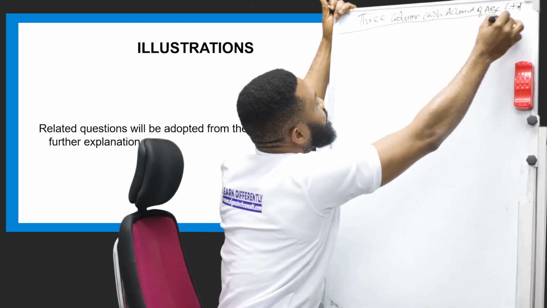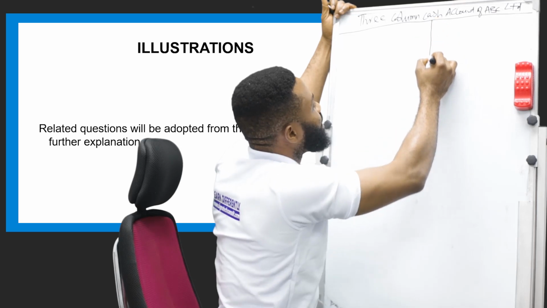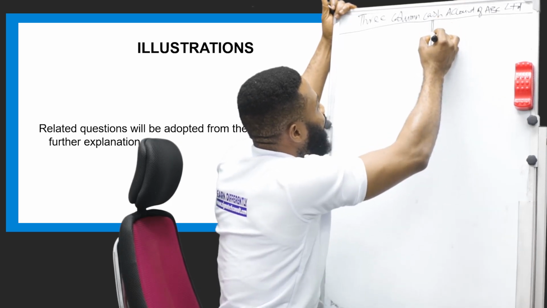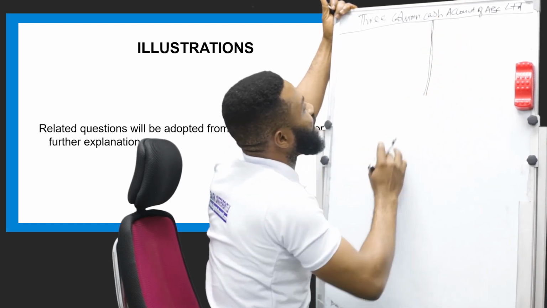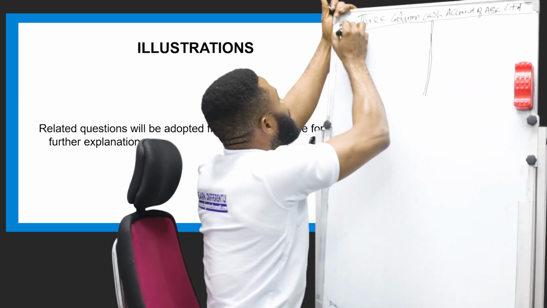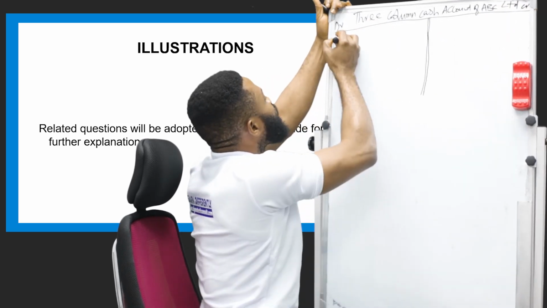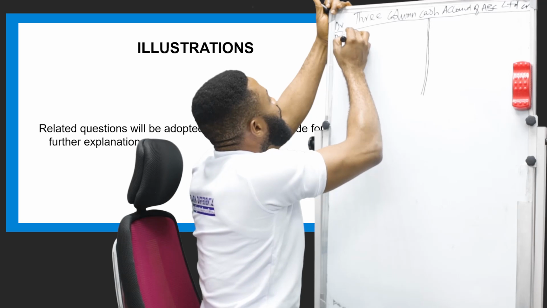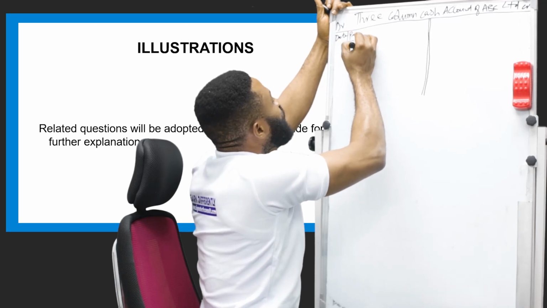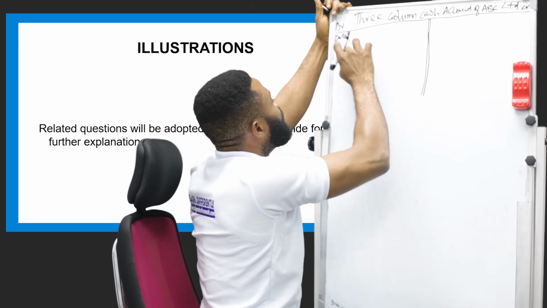You rule your line. Don't forget, at the middle, there will be a double line. This line will demarcate what is received and what is paid. Don't forget, this is your debit and this is your credit. Now, the first one is always date. The second one, I'm going to shorten some of the write-up, so the space provided will be enough.